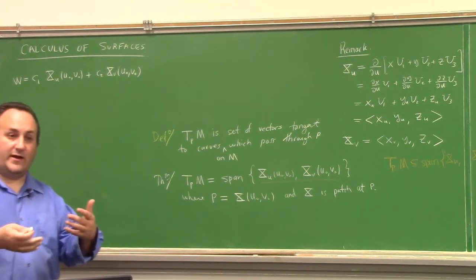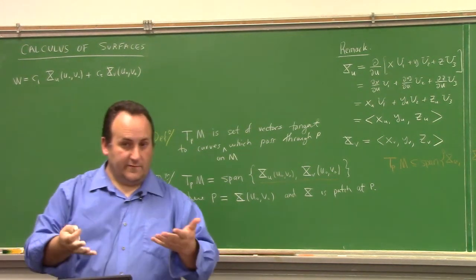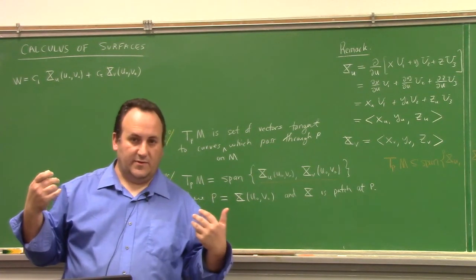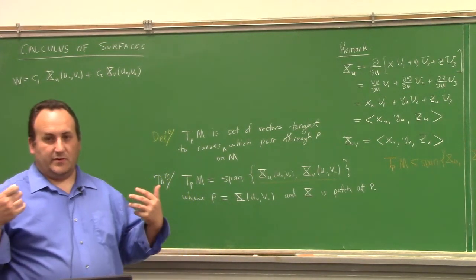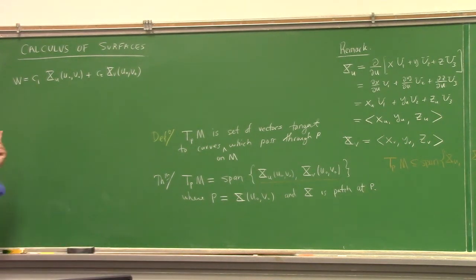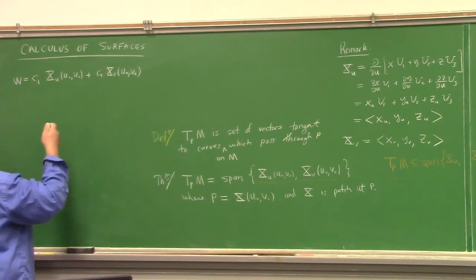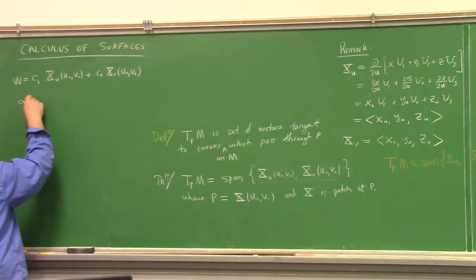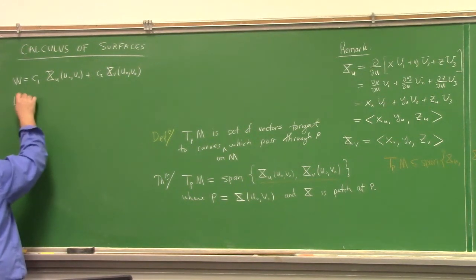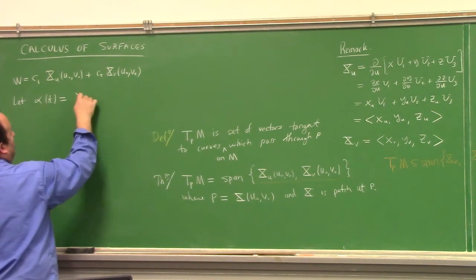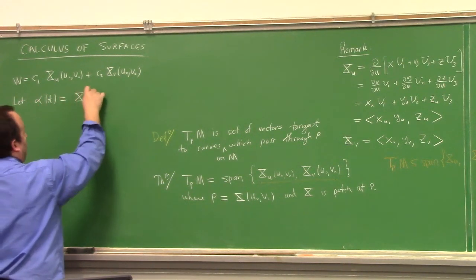I need to construct a curve which goes through the point P at time 0 and takes that as its tangent vector, right? So what I do then is I say let alpha of t equal to X of what?